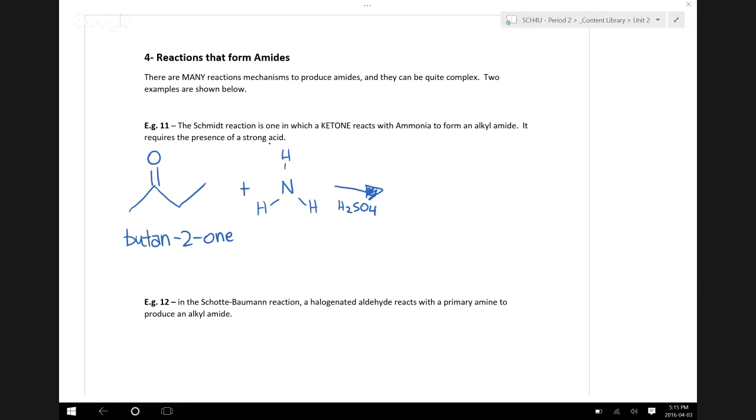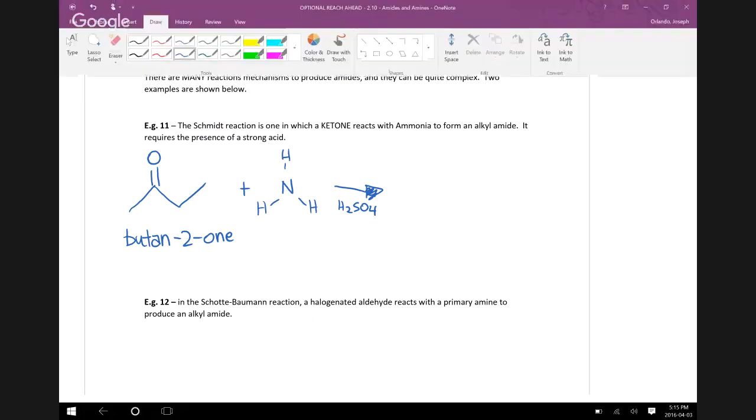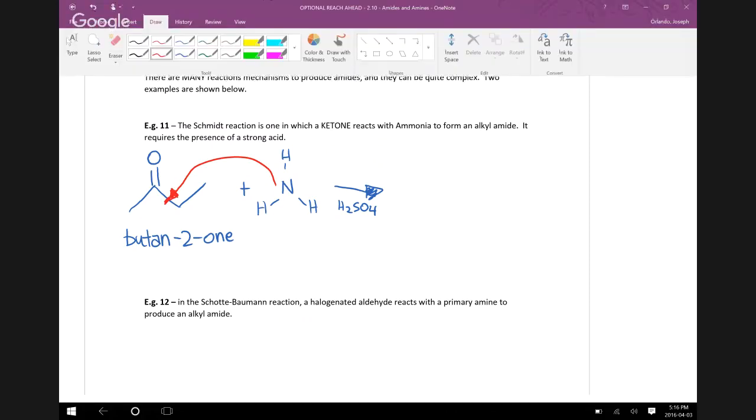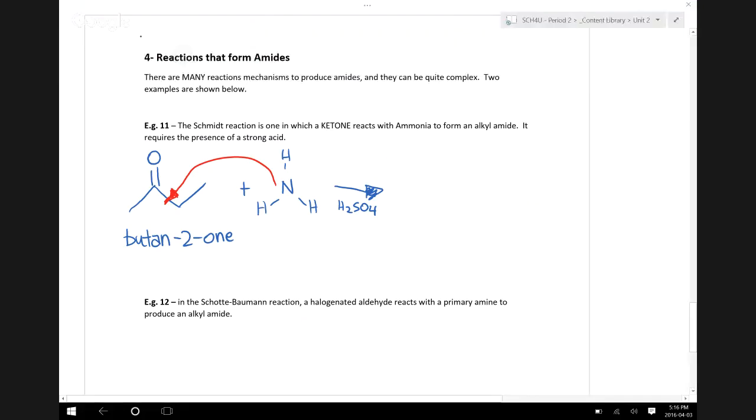And this causes actually a really interesting reaction where the reaction breaks the chain right in the middle here, and then connects to both sides. And so what ends up forming is a bond to nitrogen here.